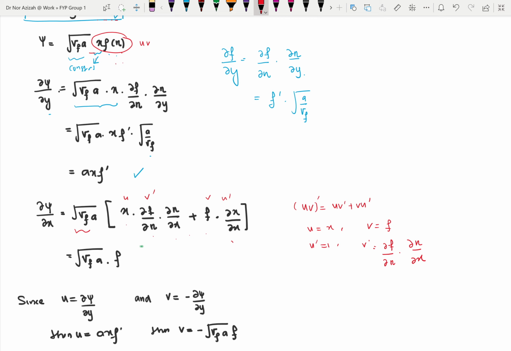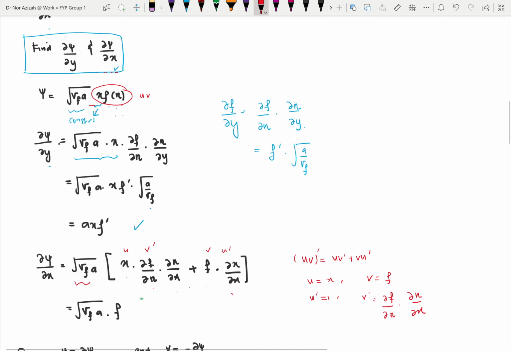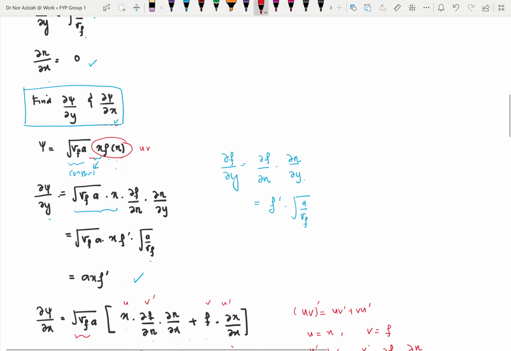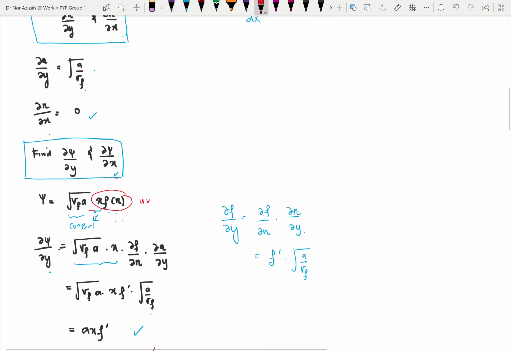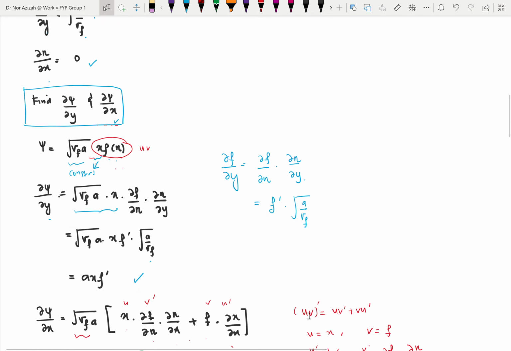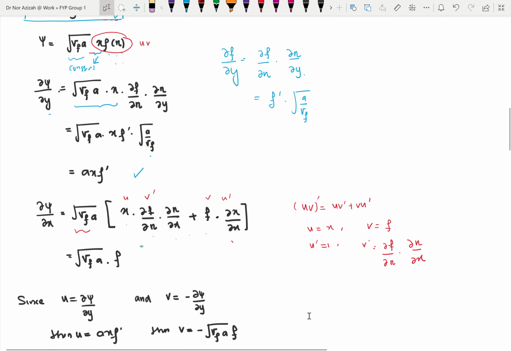But since eta is only in terms of x, so del eta del x equals 0, then this term becomes 0. So what remains here is only f and del x del x.